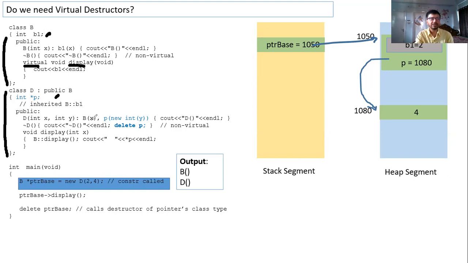So using this X, I'm calling the constructor of the base with Bx, which will be initializing in turn B1, and this P new int. So what it means is, this is same as P assigned the value of the new object's address, new int y.